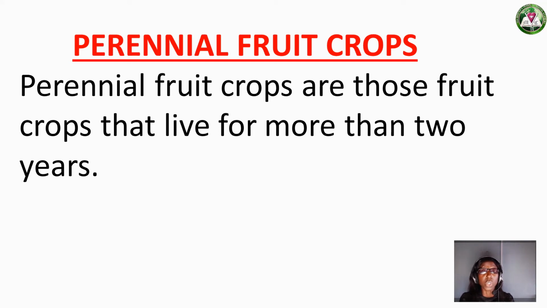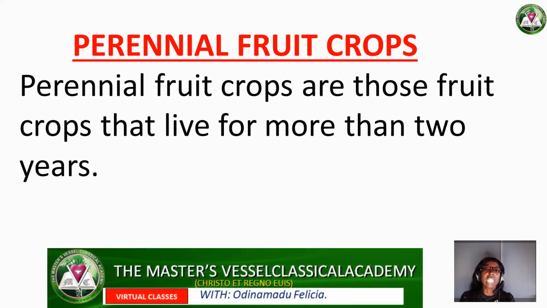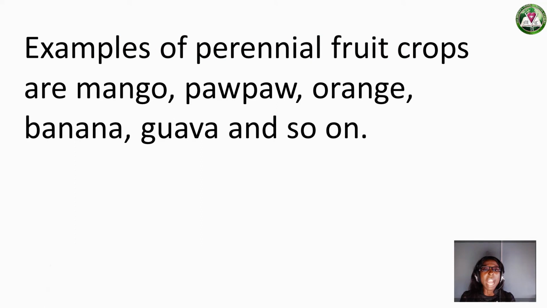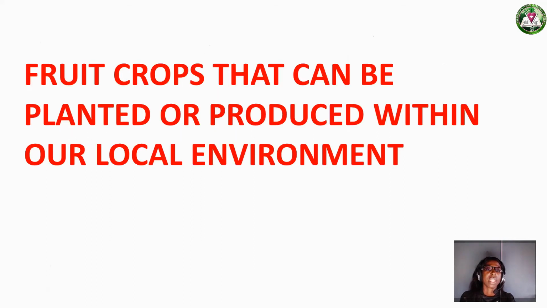Remember what I told you, that annual fruit crops stay for only 1 year. But perennial ones live for more than 2 years. Now let's see some examples of these perennial fruit crops. They are mango, pawpaw, orange, banana, guava, and so on.